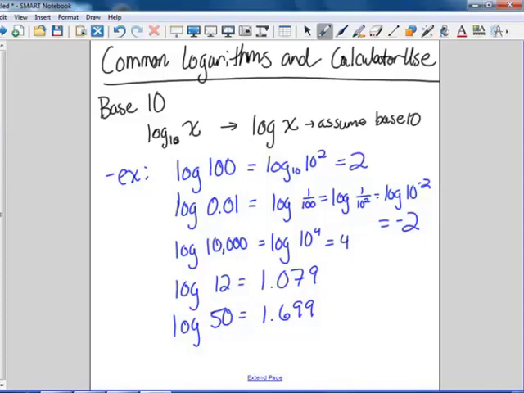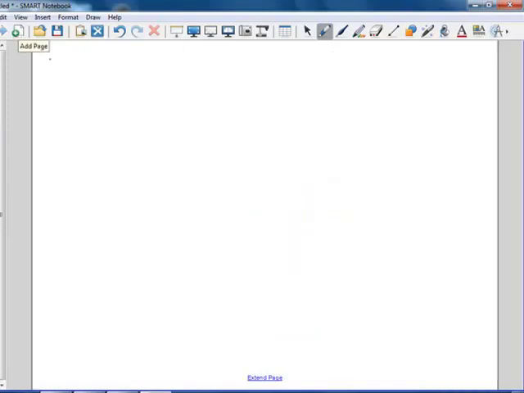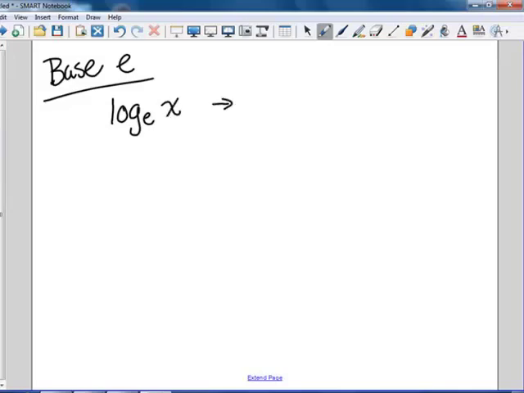Now the next one that is very common, if you remember we talked about e with exponentials, base e has a special logarithm. If we had log base e of x, the way we actually write this is ln x, or natural log.